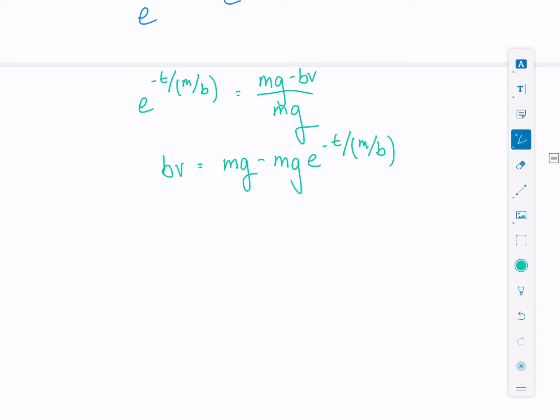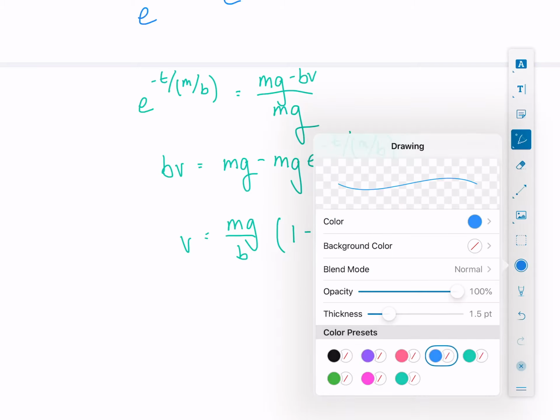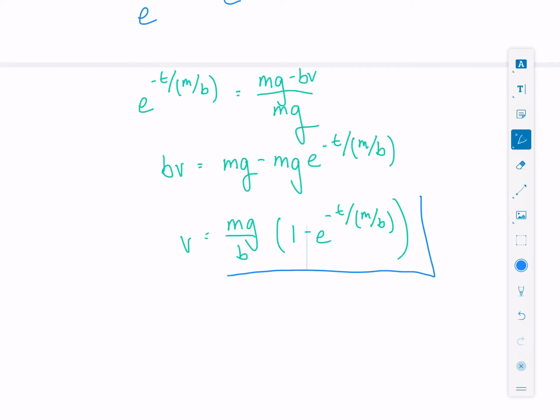So close. Divide by b, and I'm going to pull out the mg. So we have mg over b times 1 minus e to negative t over m over b. Yay, we did it. So here is my expression for my velocity.